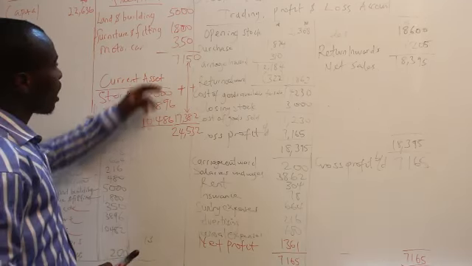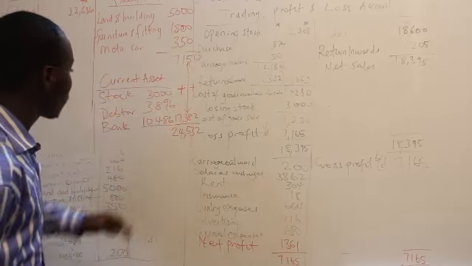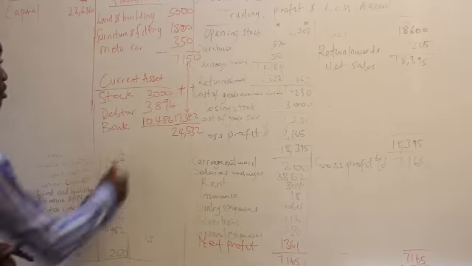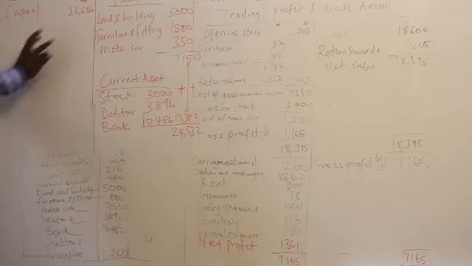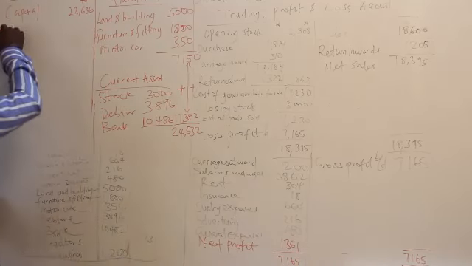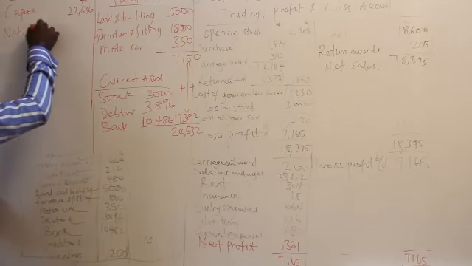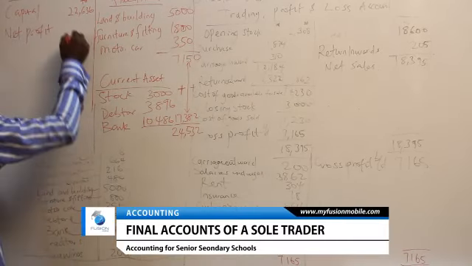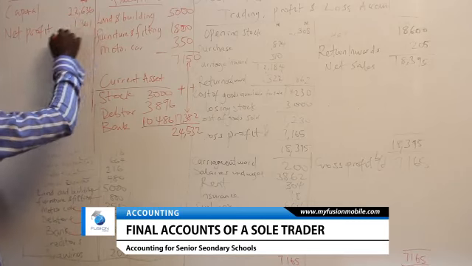Okay, so we can have the addition of this and this to give us total assets within the period. So the next thing, we have the capital. So our net profit is added to it, which is 1,361.